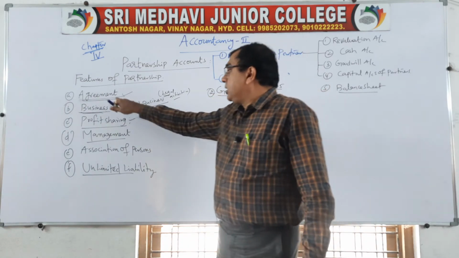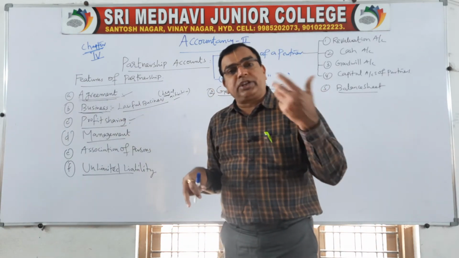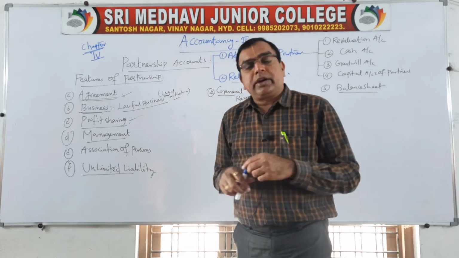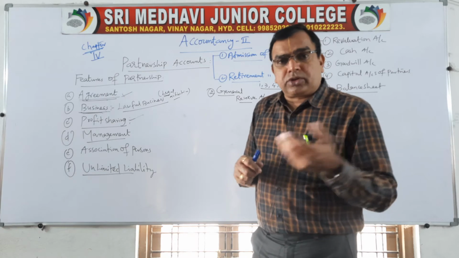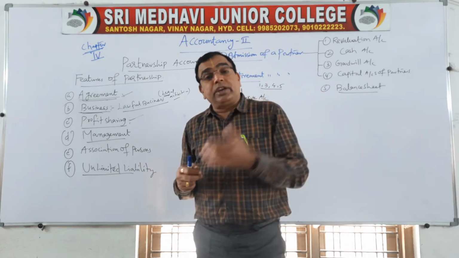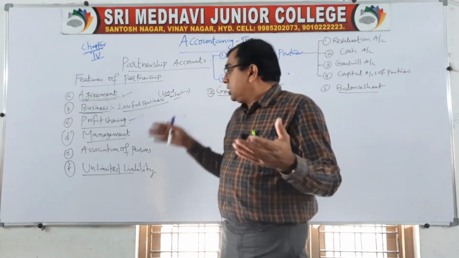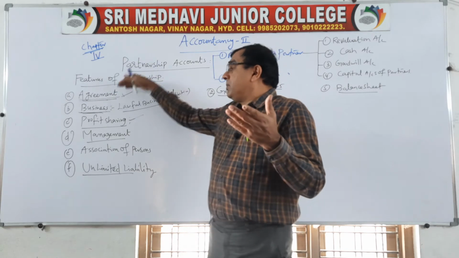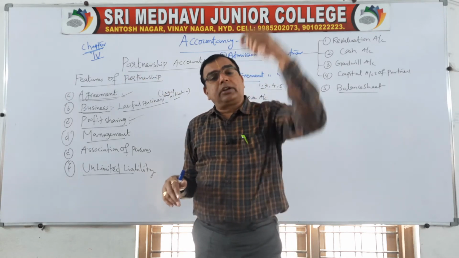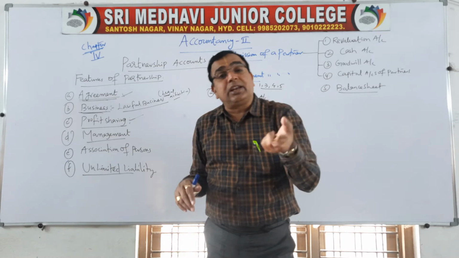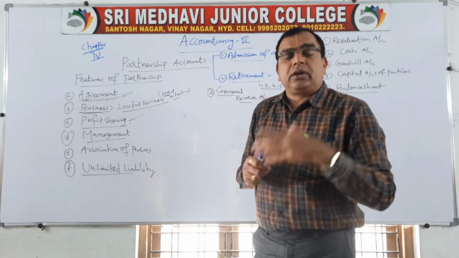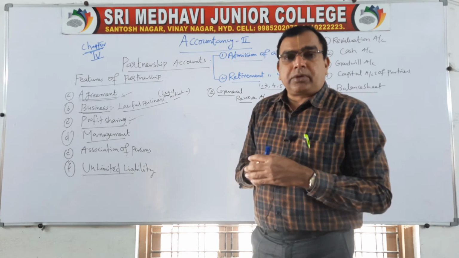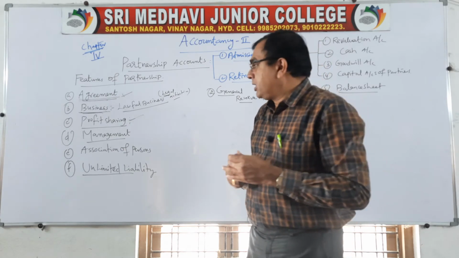In the agreement they will mention this. Generally partners share profits according to capital contribution, or sometimes according to their contribution to the success of the business, sometimes equally. So the profit or loss sharing will be mentioned in the agreement. Remember that if the agreement is silent about the profit or loss ratio, then we have to assume that the partners are going to share profits and losses equally.